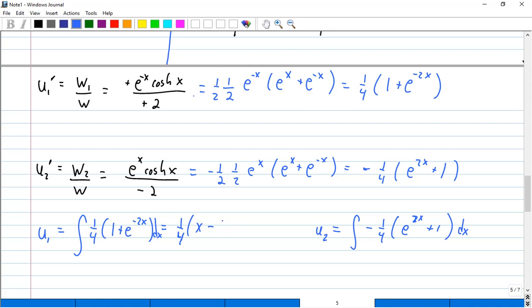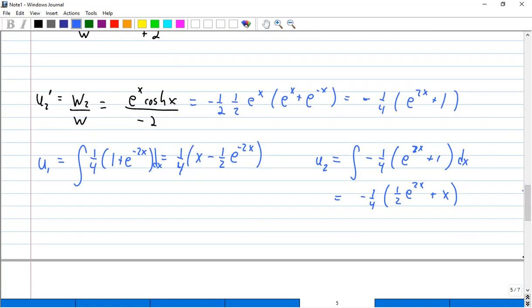Minus what now? All right. And then this other one here is going to be negative 1/4 times 1/2 e to the 2x plus x.